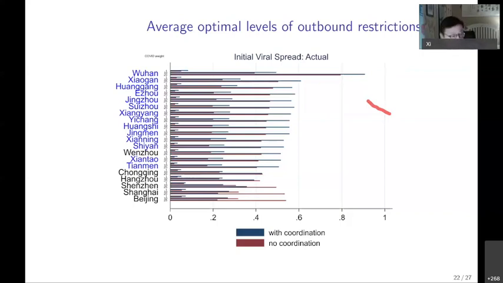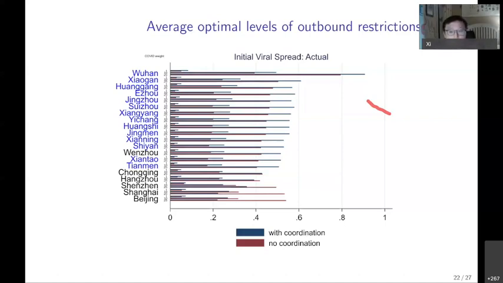And consequently, the travel between Wuhan and outside cities was all suspended. And further, after a few days, they locked down Xiaogan, Huanggang, Ezhou, and Jingzhou, and many other Hubei province cities. And after a few days, the whole Hubei province was locked down.